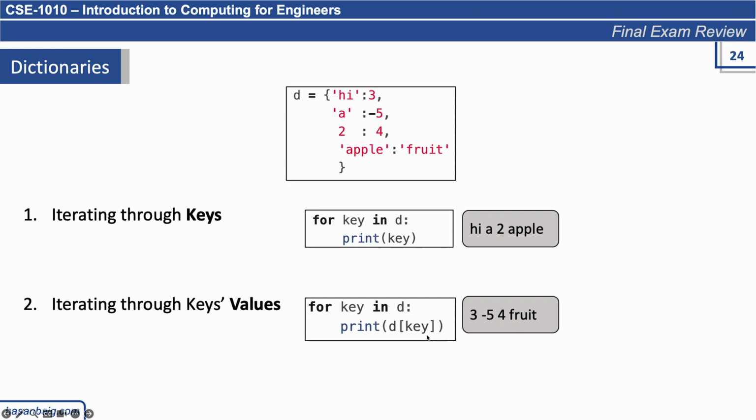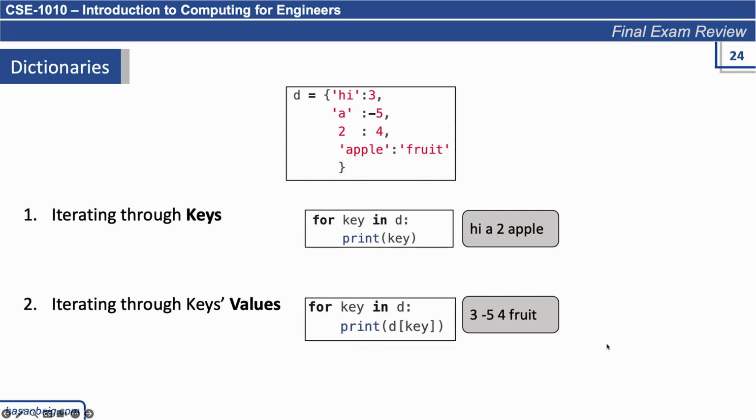We specify the name of the key, and it will return its corresponding value. So for the first key, 3 is associated with hi, and for the second, key will be holding the value A, and we are passing A as an index in the D dictionary, and it will return its corresponding value -5, and so on and so forth.